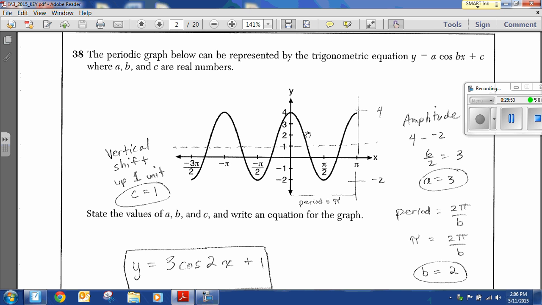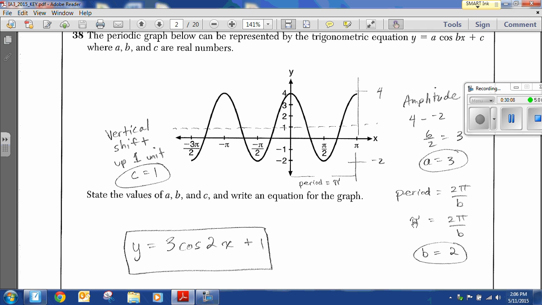The top of the roller coaster to the very bottom, back to the top, back to the very beginning. The period takes place in pi units, which means if we remember that our formula for period is 2 pi over b, then 2 pi over b equals pi. And now we just solve for b. Pi's cancel out, cross multiply, b equals 2.